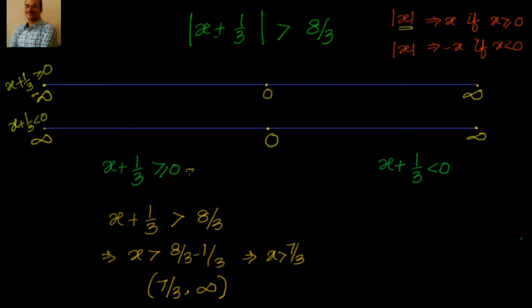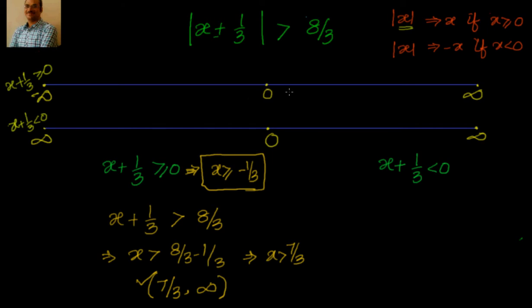But we can check here. We are only looking at the values where x plus 1 by 3 is greater than or equal to 0. Now the meaning of x plus 1 by 3 greater than or equal to 0 is nothing but x greater than or equal to minus 1 by 3. So x should be greater than or equal to minus 1 by 3, and this set is satisfying that. So 7 by 3 comma infinity is the solution of this particular set.